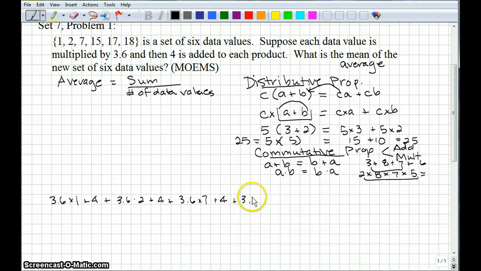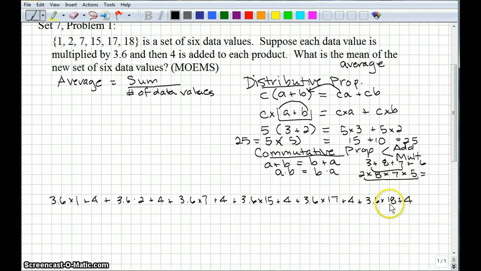And 3.6 times 15 and adding 4. And 3.6 times 17 and adding 4. And 3.6 times 18 and adding 4. Okay, so that's what we would do.